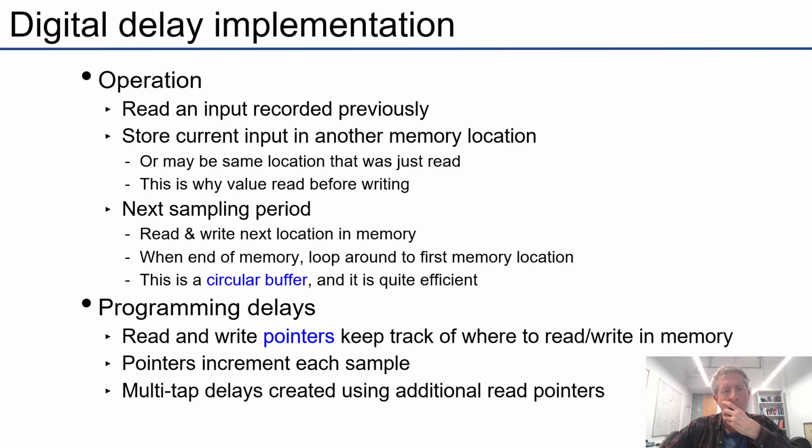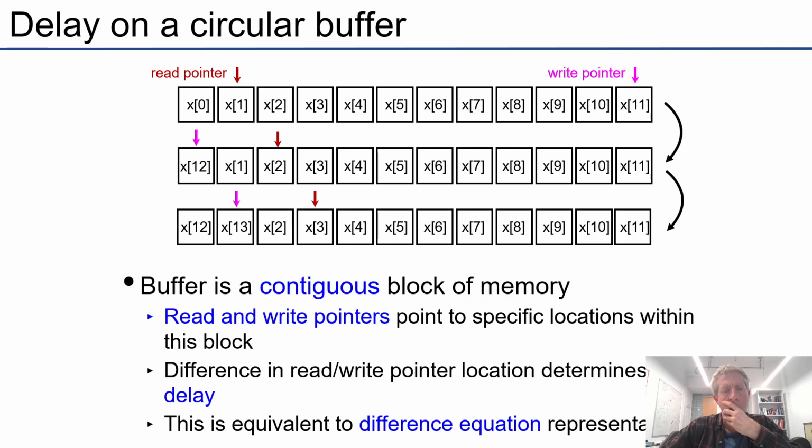You need pointers to keep track of where you want to read and where you want to write, and those pointers always move while you're adding and removing samples. So we're going to look at this and we're going to do a basic implementation of this.